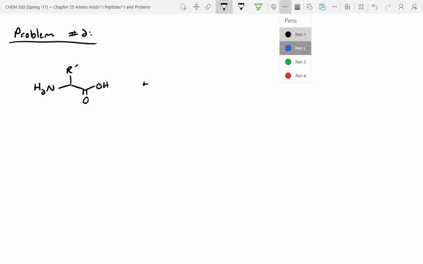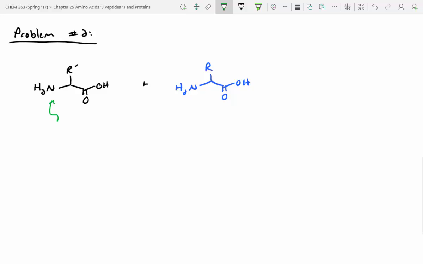And I want to react it with this amino acid. And let's say I've decided I'm going to use DCC, my peptide coupling reagent, and I want to link it so that there's a black amino acid for the N terminus, meaning I want the nitrogen to end right here. And I want to link these two together.